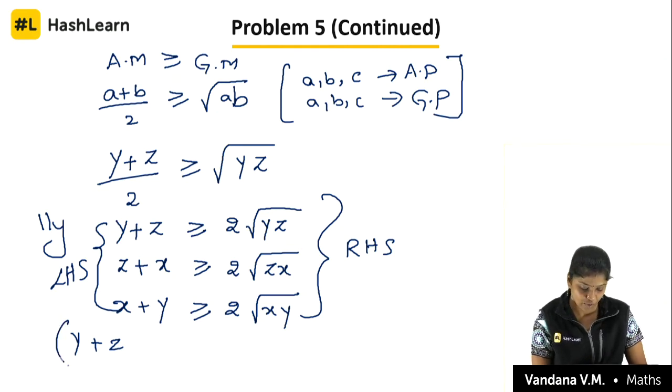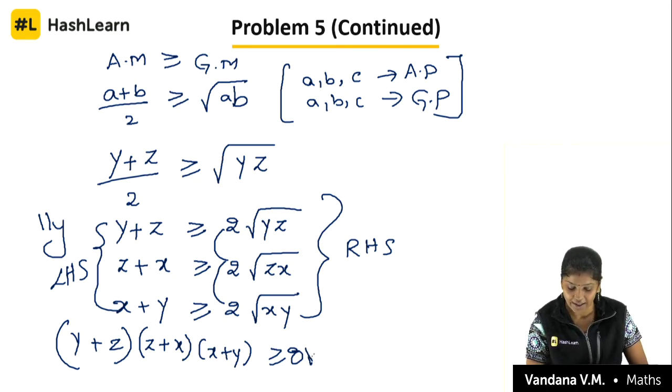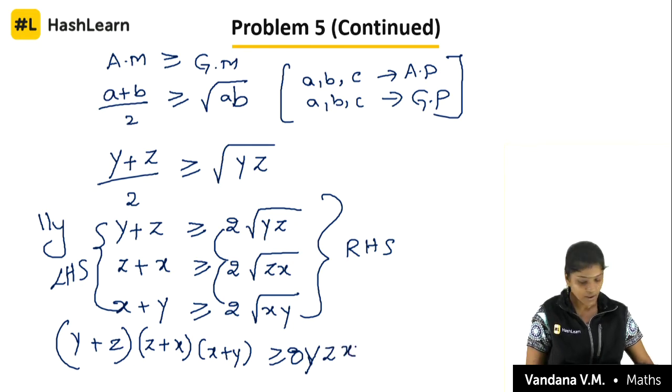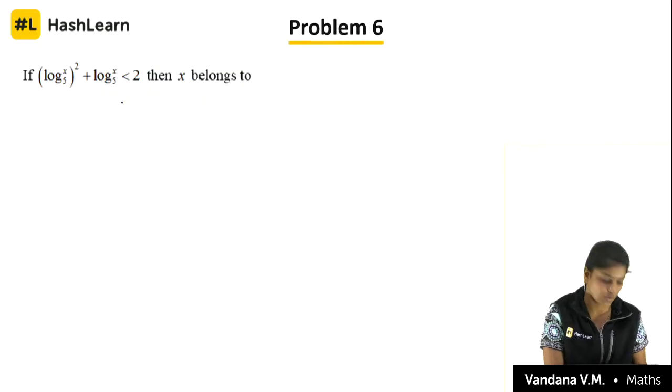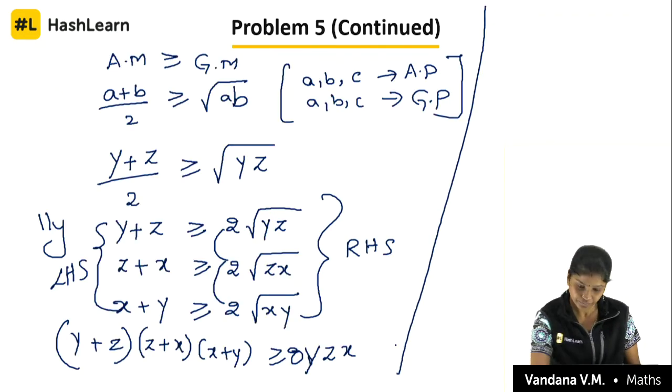So if you multiply the LHS, y plus z into z plus x into x plus y is greater than or equal to 2 into 2 is 4, 4 into 2 is 8, 8 into root yz, root zx, root xy. So everything, the roots, will get cancelled. I'll get y into z into x.